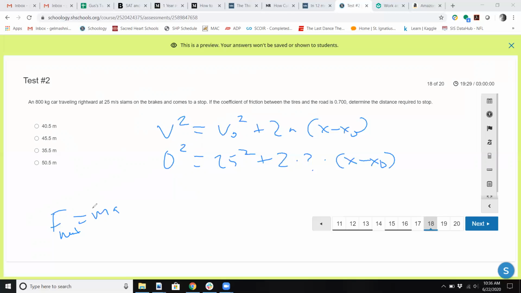Well, if it's coming to a stop, yeah, so actually my net force in some ways is going to equal my negative Fk, because your acceleration is negative.